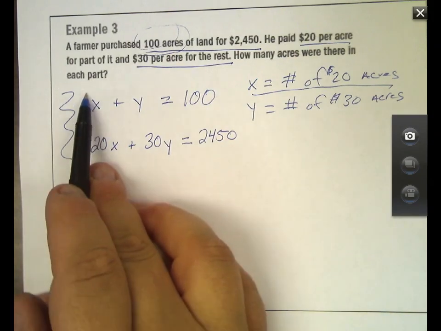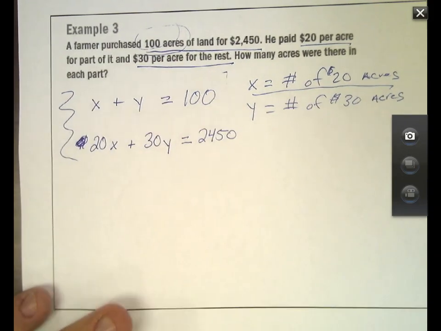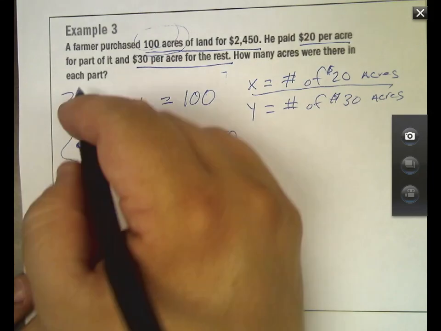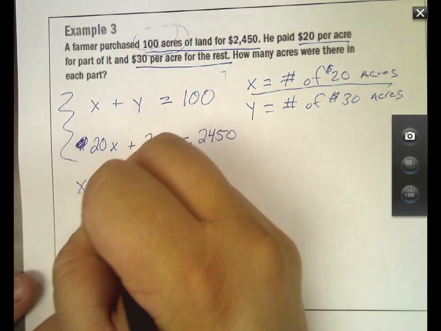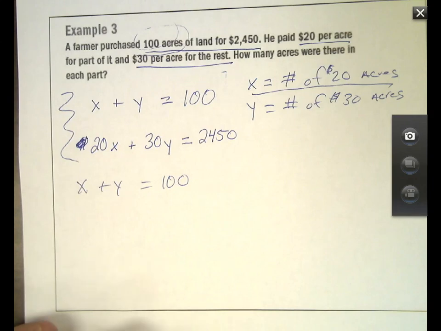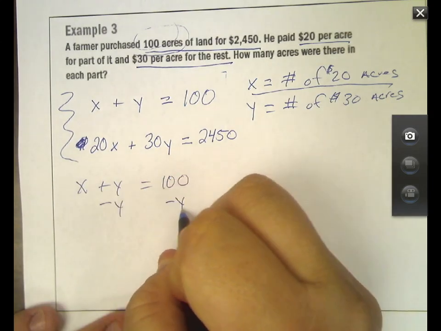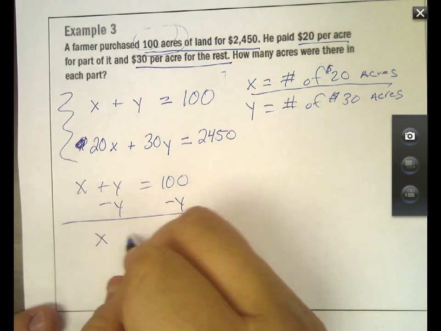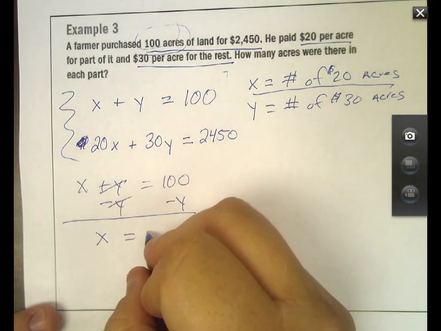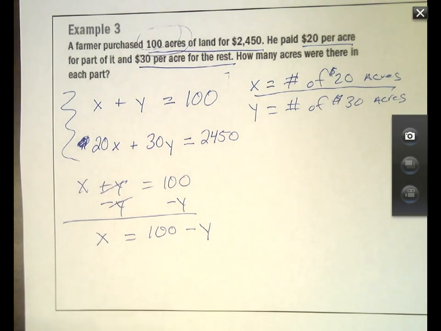Now, I'm going to solve this equation for X or Y. Probably just go ahead and solve for X. So, X plus Y equals 100, because I got to get just one variable. So, I'm going to subtract Y. So, X equals 100 minus Y. Okay?